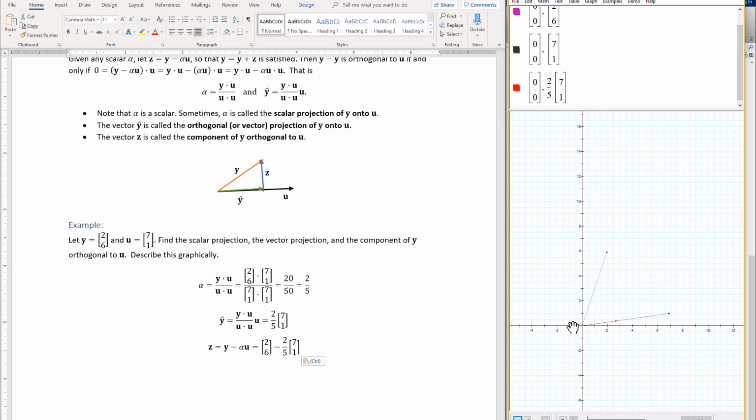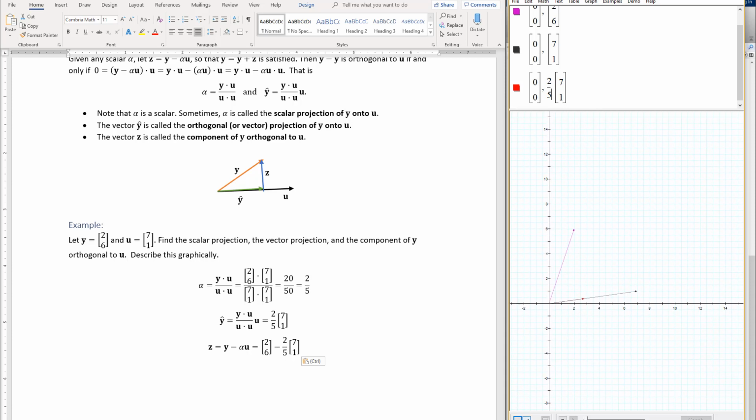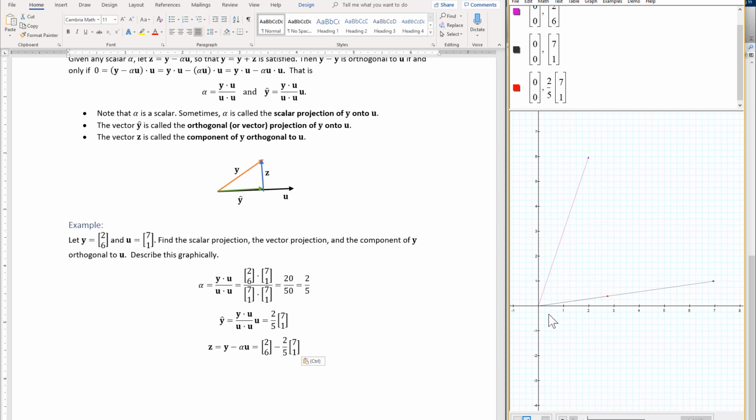If we look at this carefully, let's zoom in a little bit, we have our red vector, and that red vector is going along u, but it stops somewhere over here. So let's take a look at this vector over here, the 2, 6 minus this thing.